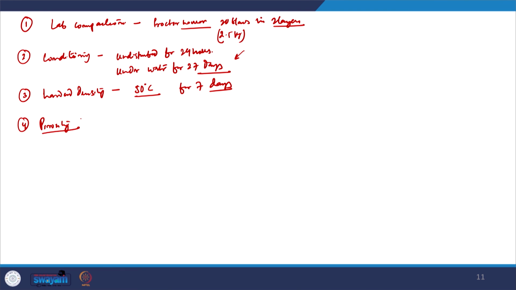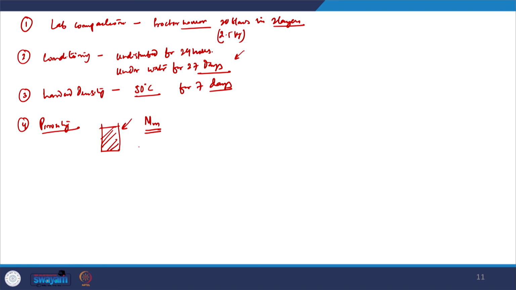So, here basically what you do, once you have the Proctor mold where you have compacted the specimen, you know the volume of this mold. You have the mass of the mold along with the sample.